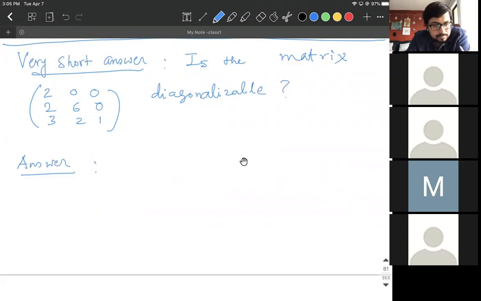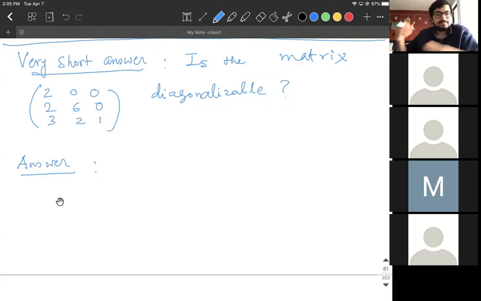We have not seen a similar problem, but at least you should be able to tell me the eigenvalues right away. So what are the eigenvalues? 2, 6, and 1, exactly. Terrell is right. Okay, 2, 6, and 1.